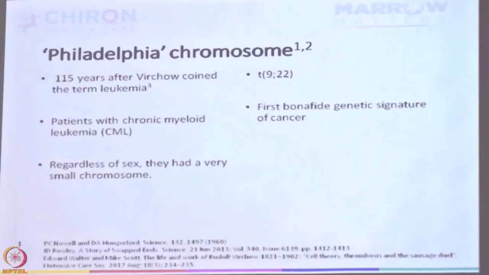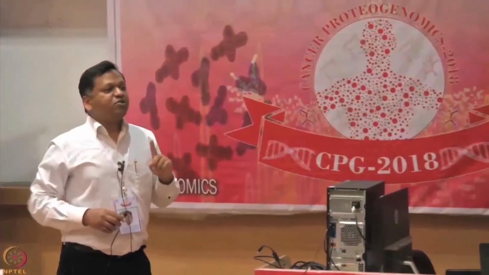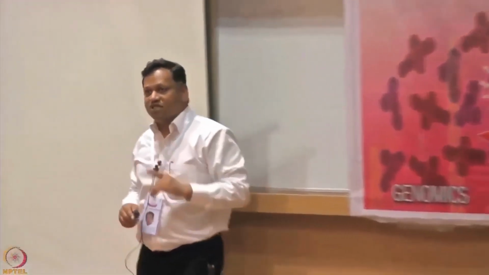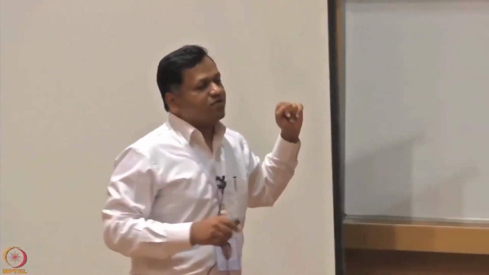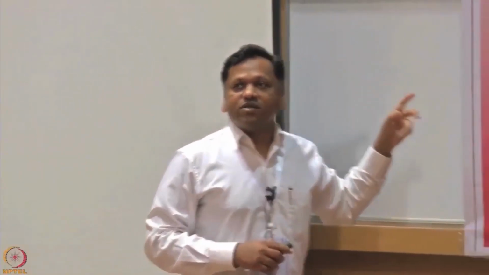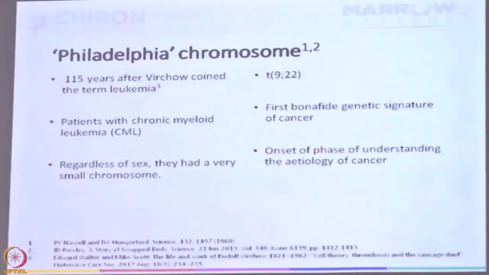This was the first time a definite gene signature was attributed to a cancer, and as banding techniques evolved, people realized it was a balanced translocation between chromosome 9 and 22.